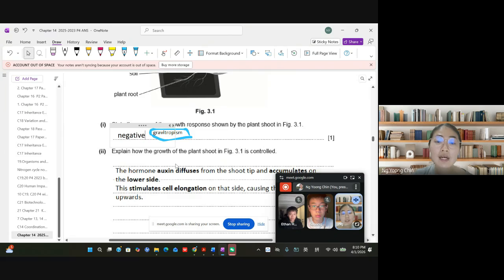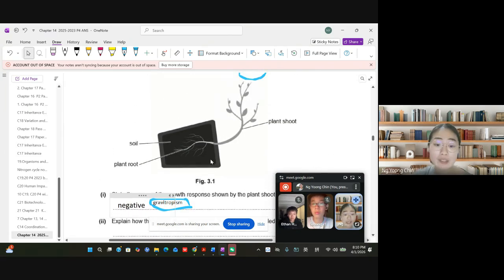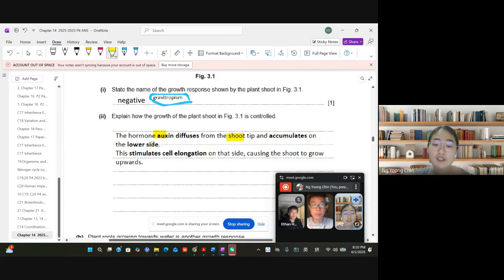And then explain how the growth of the plant shoot is controlled. So you should write the auxin effect. Okay, the hormone auxin is produced from the shoot tip, and then it will diffuse to the lower side of the shoot, which is the shaded part.